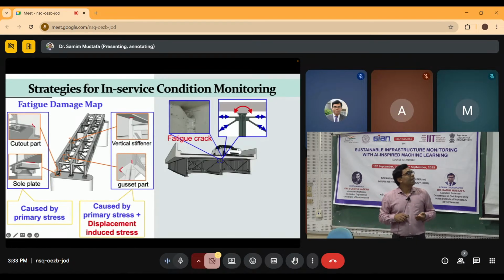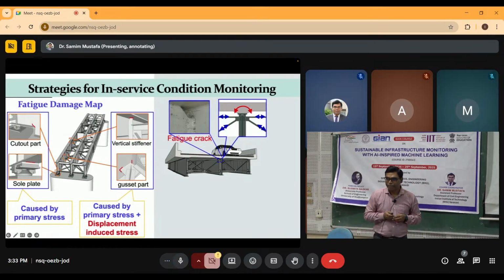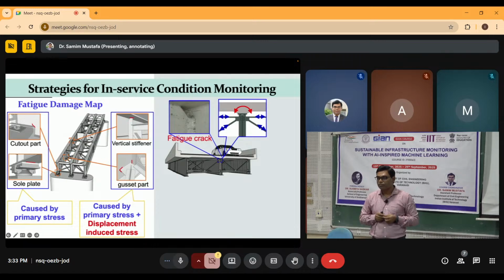Basically, as you know, fatigue damage occurs over time. We will be able to place the sensor at the right position only if we have some knowledge of how the forces are transferred in the structure. We need prior knowledge of which is a structural element and which is a non-structural element.